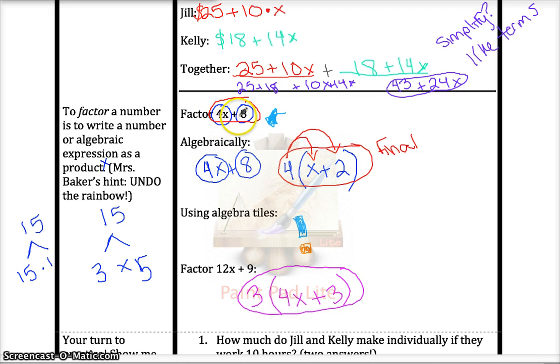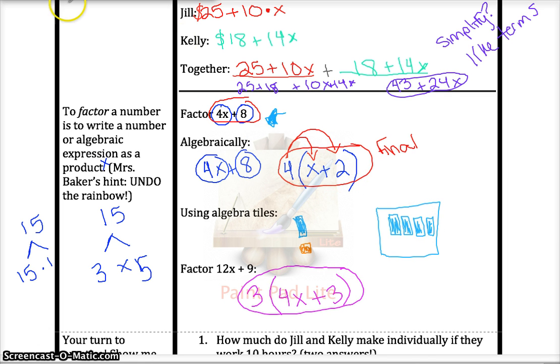And what we're going to do is look at this. So we've got 4x plus 8. So we've got 4 of these blue tiles. So I'm going to do it right here. And I'm actually just going to draw a box that I'm going to work in. So I've got 4 x's. So I need 4 of those blue rectangles. You can draw this on your paper too.